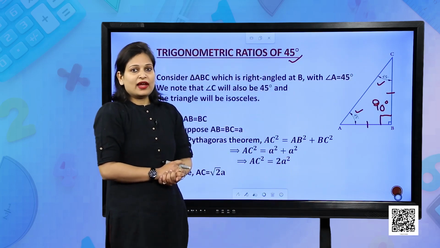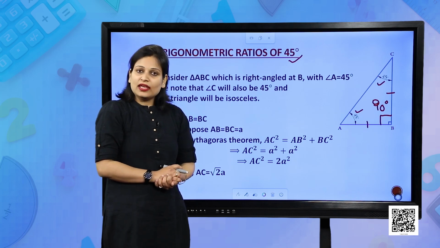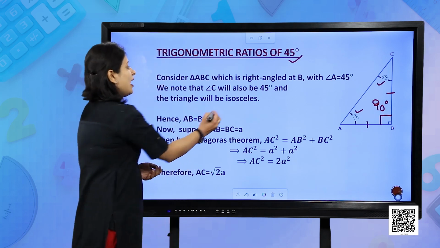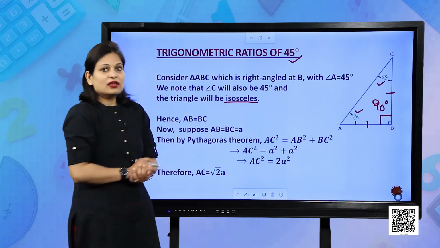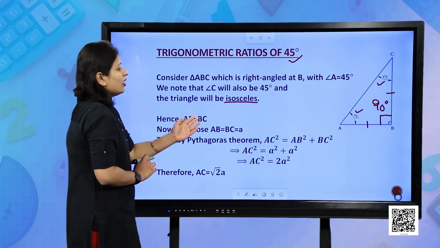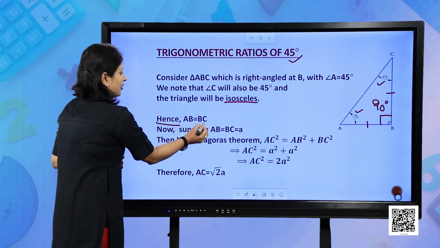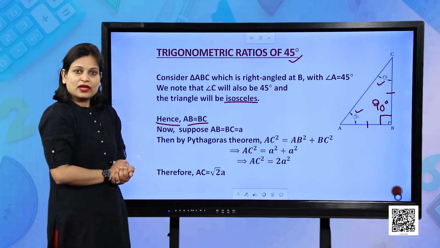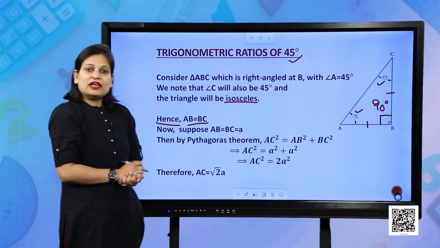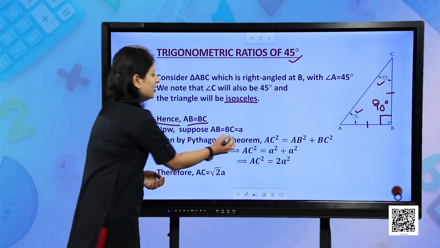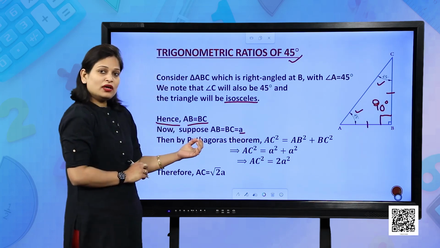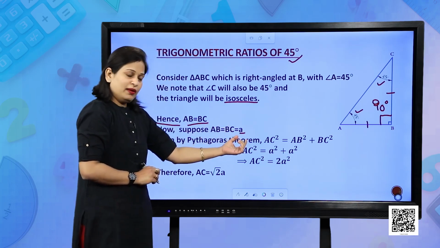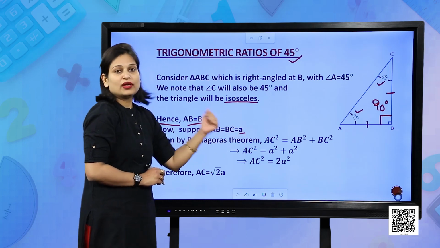Now, when in a triangle two sides are equal, it is called an isosceles triangle. Now, we have AB is equal to BC. Let us suppose the measure of these sides be A. Means what? AB is also A, BC is also A.